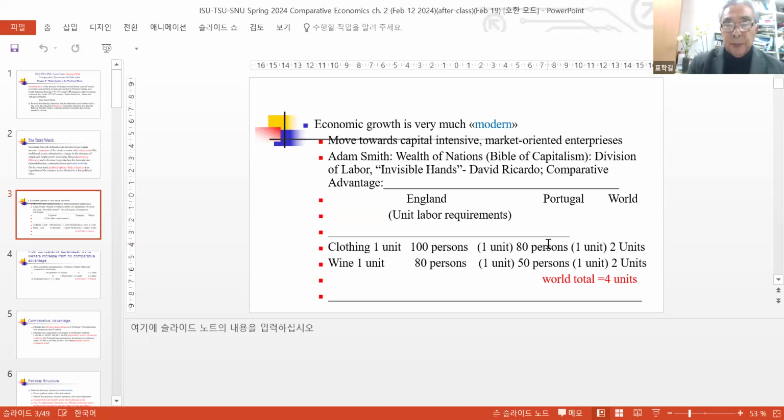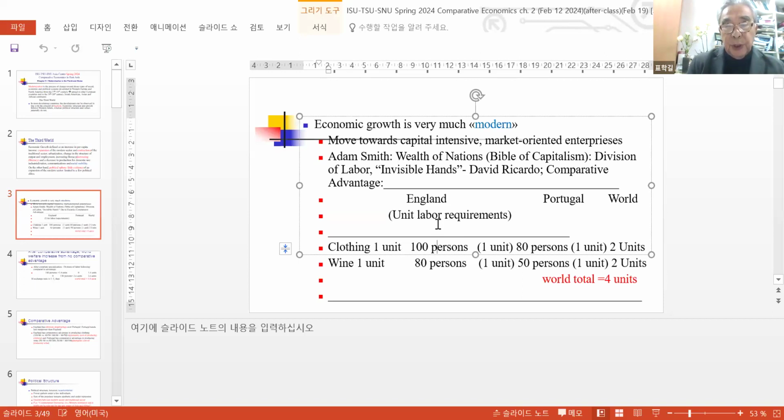So the concept here, 1 unit divided by 100. In other words, 1 unit divided by 100 means per person, they are producing in England 1/100th as much clothing, right?